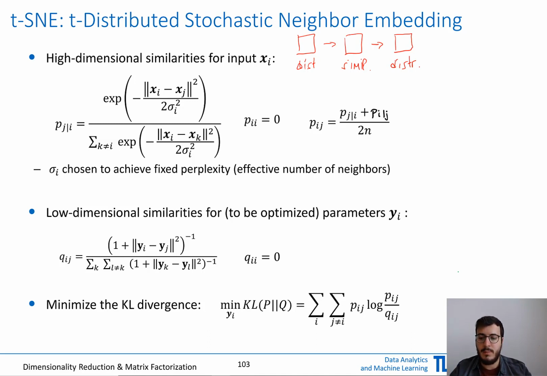So let me illustrate this in 1D. Let's say this is the 1D space, and this is where xi is, and this is where xj is. This is some other data point xk, and we also have some other data points. So what we're going to do is put a Gaussian distribution centered around xi.